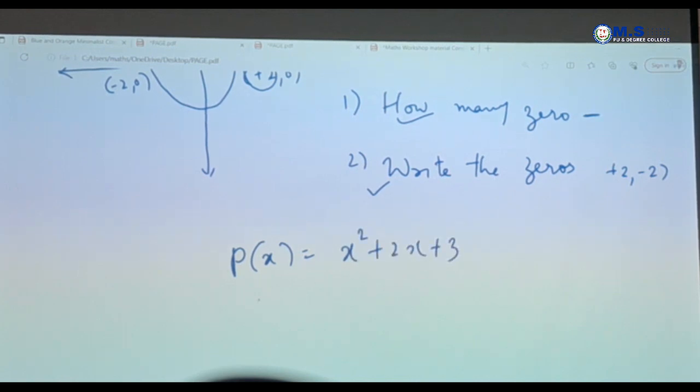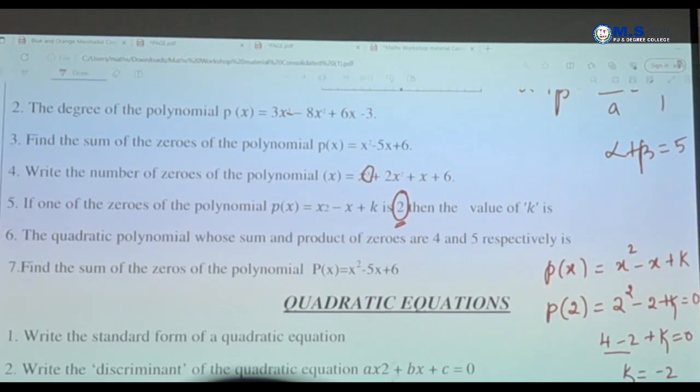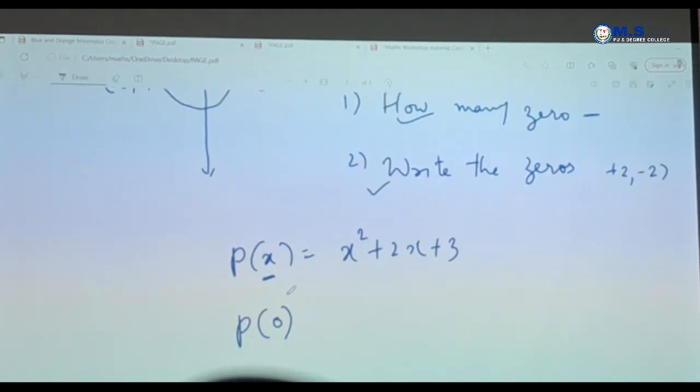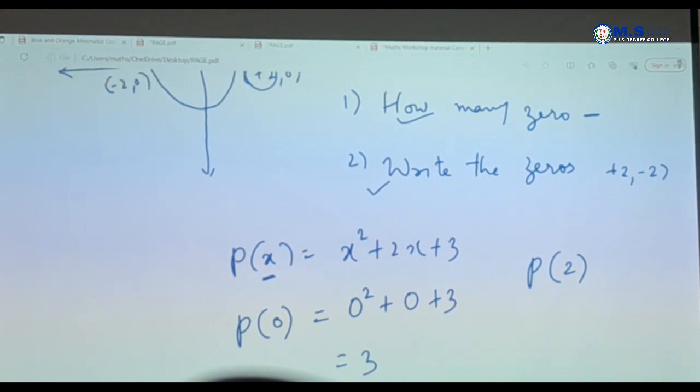Look at the question here. P of x equals x square plus 2x plus 3. Find out the value of P of 0. What do you do? Replace x by 0. If questions are missing here while writing this, make a note of all these questions. P of 0 is what? 0 square plus 2 into 0 is 0, plus 3. What you get is 3. Find out the value of P of 2. P of 2 is 4 plus 4 plus 3, which is 11.